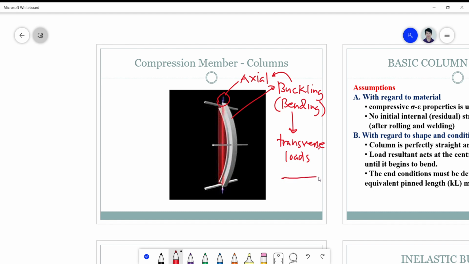Okay, so if you have here a beam for bending, the loads are normally placed perpendicular to the axis of the member. So this is what you call now a transversal or transverse loading.